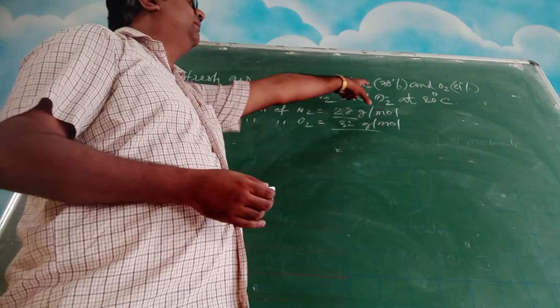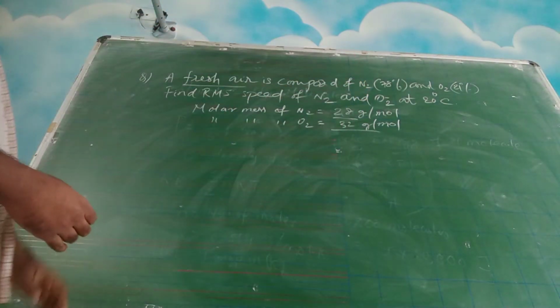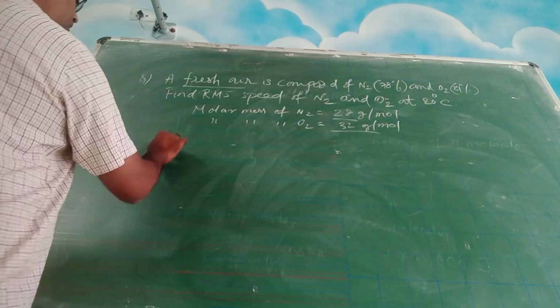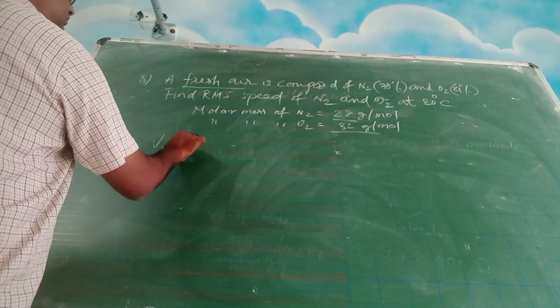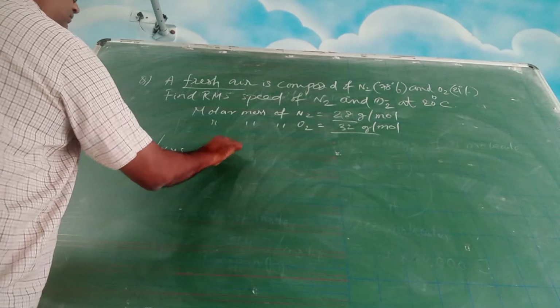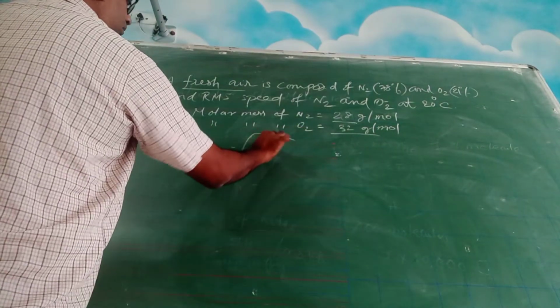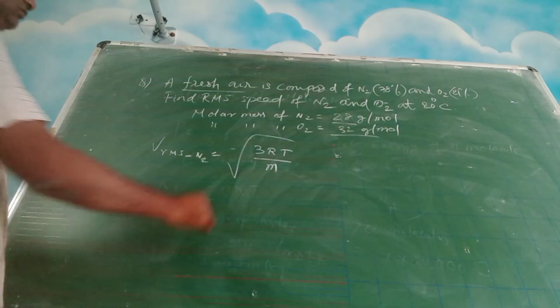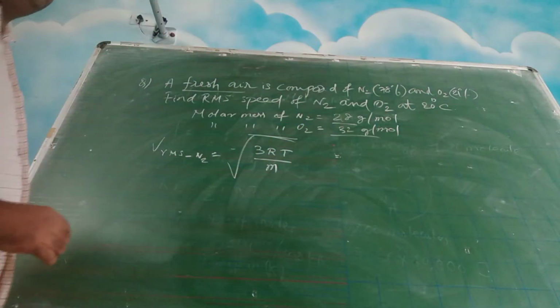The content is 78% nitrogen, 21% oxygen. So what is the formula to find V RMS? Let us say we are finding for nitrogen. The formula is root over 3RT by M. This was the formula, right?